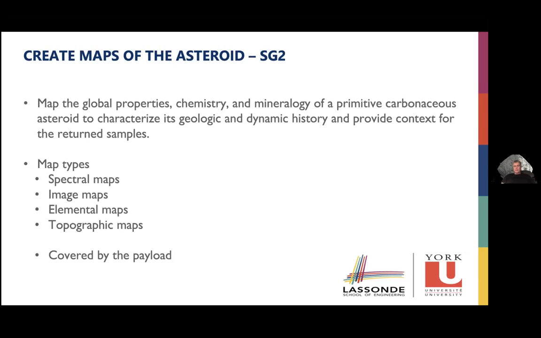This was an interesting student contribution. And then topographic maps, which we did two ways with camera-based approaches that I was also a bit involved in, and then LiDAR-based modeling from the Canadian instrument. So all these are covered by instruments on the payload.